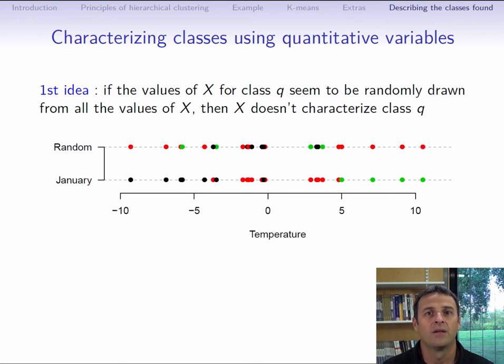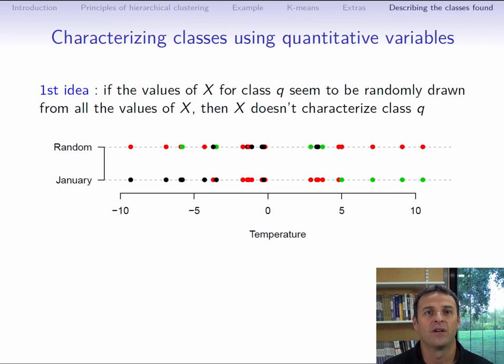The basic idea we are going to use to decide whether a variable describes a class well is the following. If the values of a quantitative variable x for the individuals of class Q seem to be randomly drawn from all possible values of x, then x does not characterize that class well, because those individuals don't take any particular precise set of values of x.